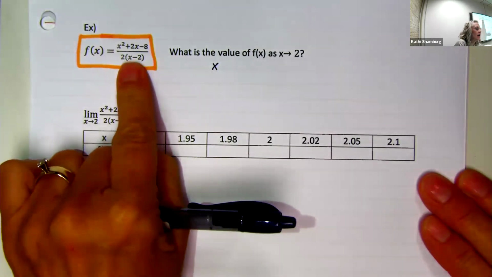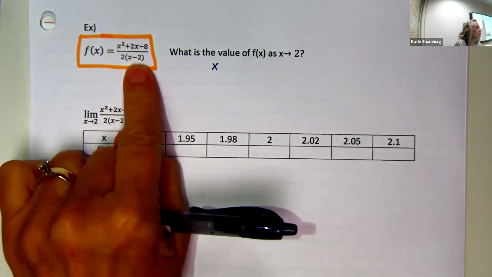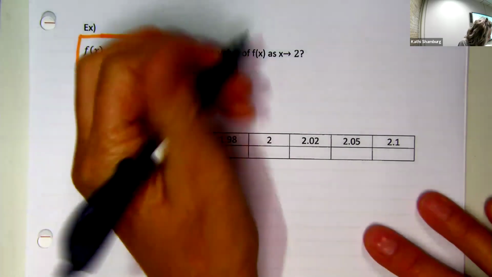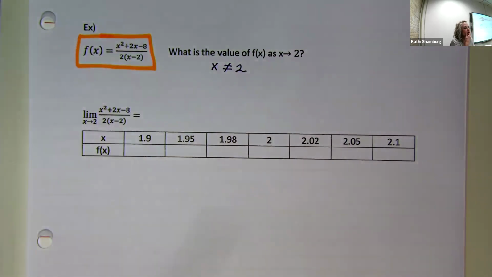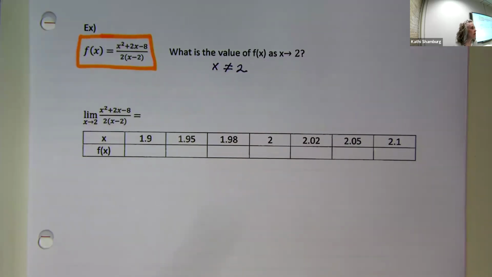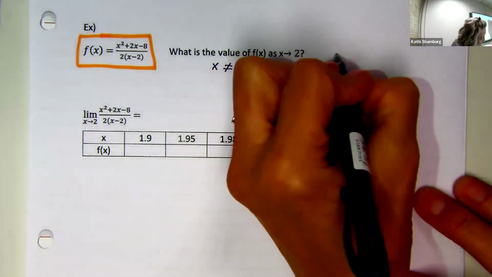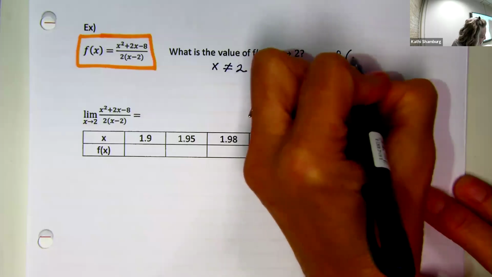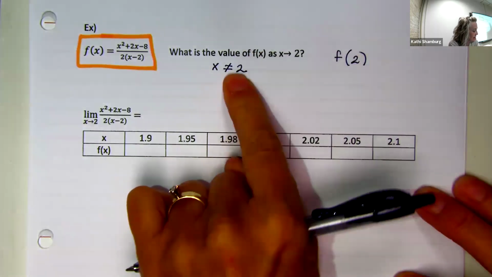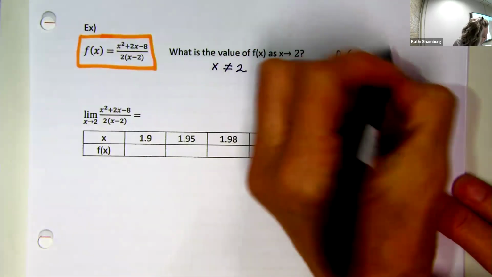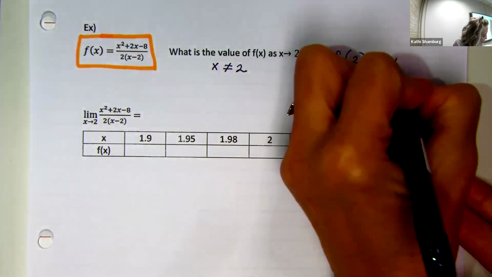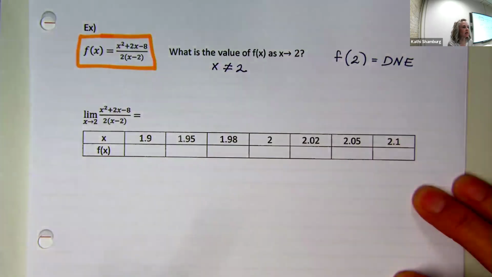What number could you plug into x that if you subtract 2, you get 0? 2. So x cannot be 2, because if x is equal to 2, then we get a denominator of 0. So f at 2 does not exist.